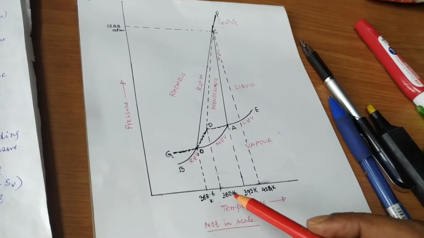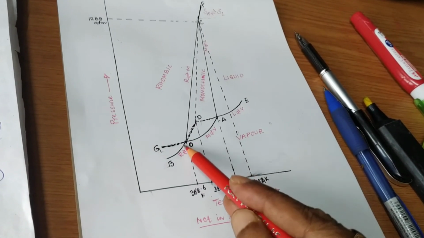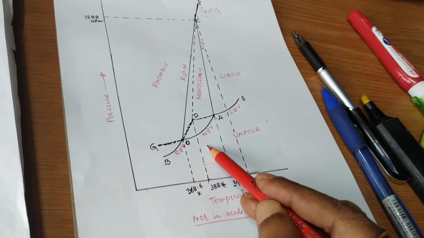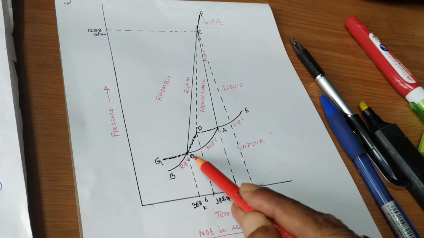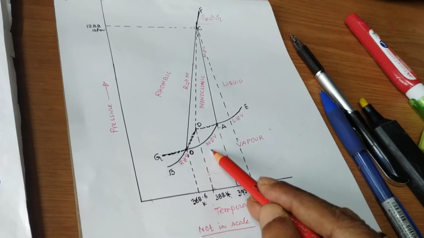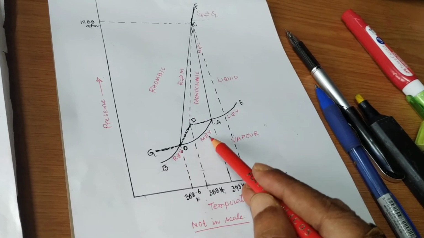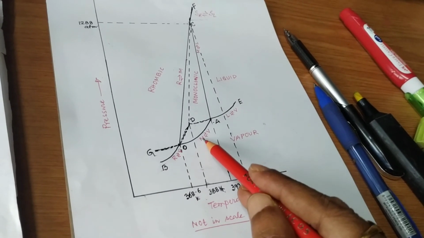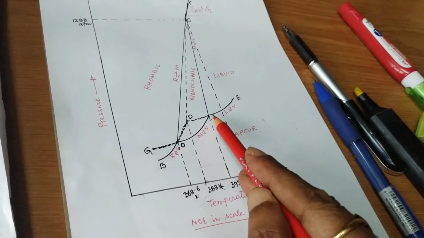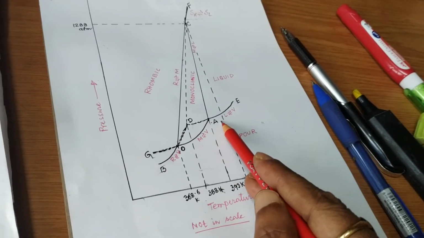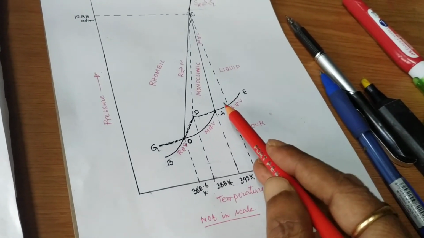Let me take the point O. If we change the temperature, one of the phases will disappear, and it will go to vapor, so the three phases will not be in equilibrium. Then it will be in equilibrium with monoclinic sulfur and vapor. Similarly, when we increase the temperature, it will go to liquid-vapor equilibrium. So one of the phases will disappear.